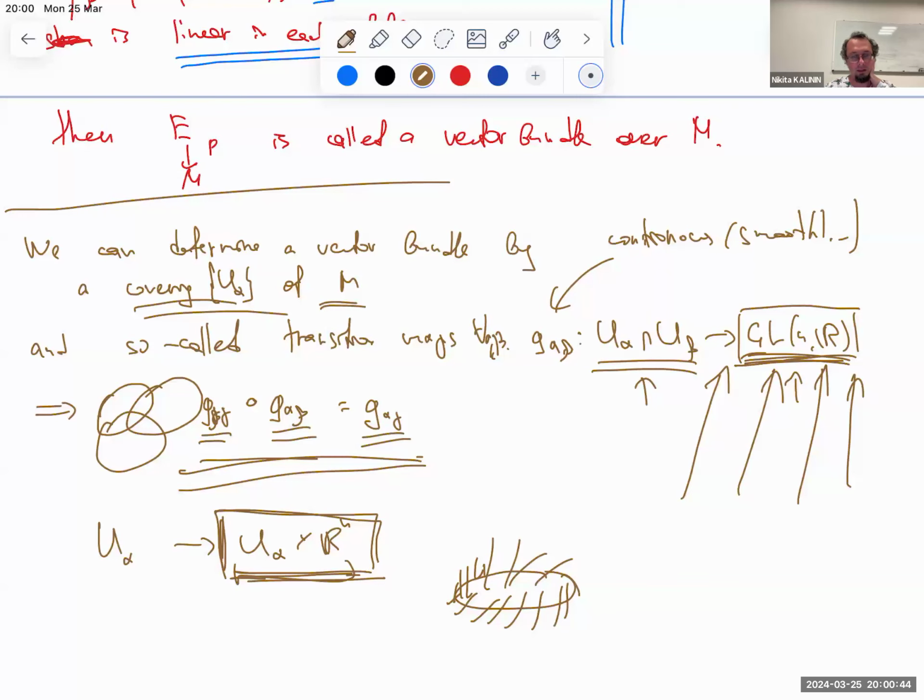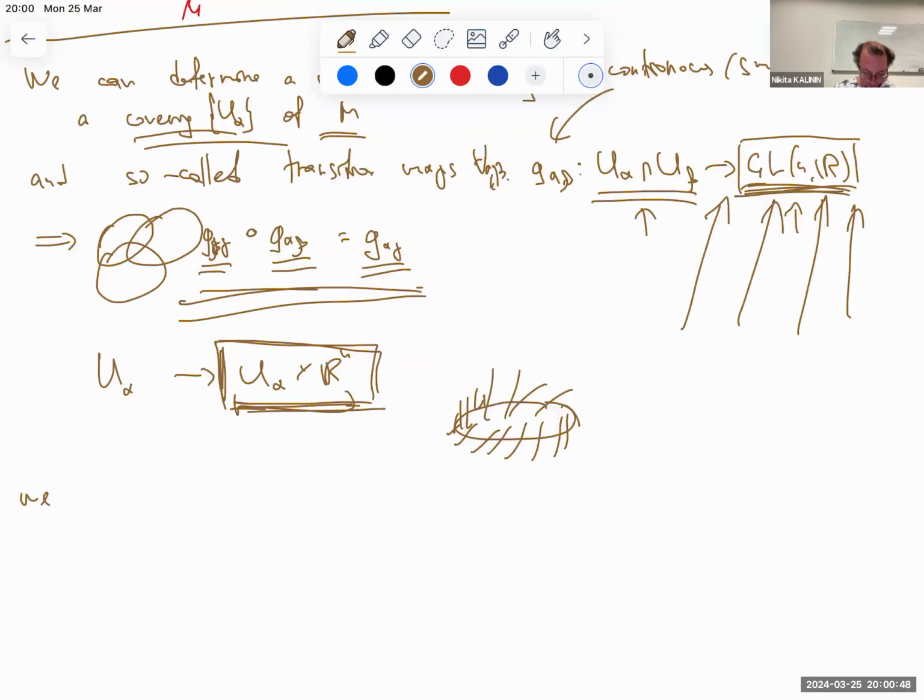What is maybe interesting here also is that we can look at the group generated by all images of G alpha beta, right?